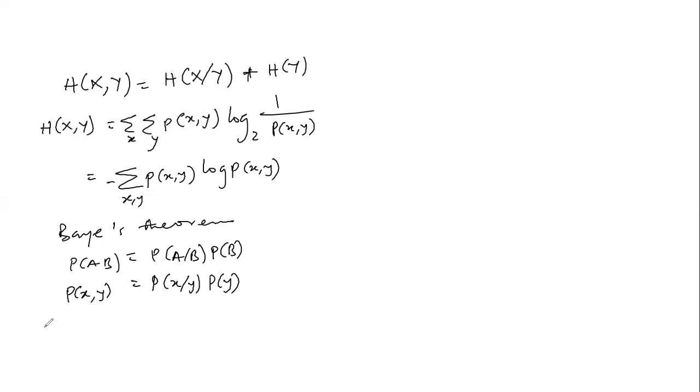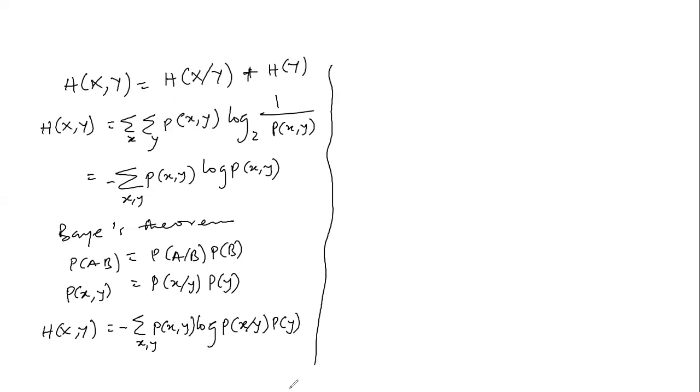So it means that the joint entropy is the same as negative sigma xy, P of xy, log P of x given y, P of y. Is that clear?